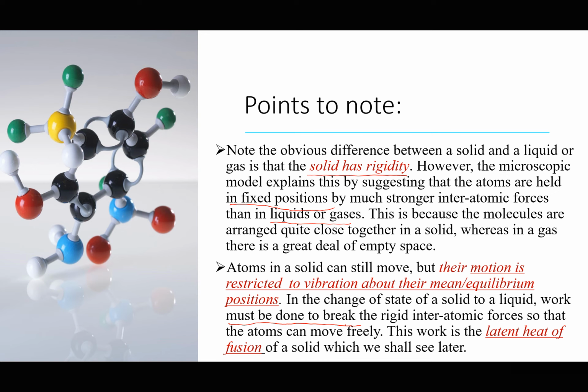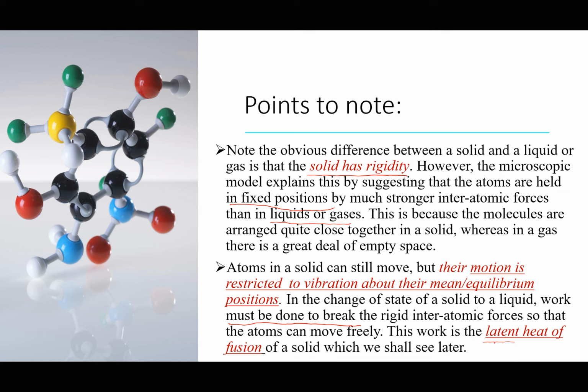The work done to break these bonds, as we shall see later on, is going to be called the latent heat of fusion. In IGCSE, you talked about latent heat of fusion.